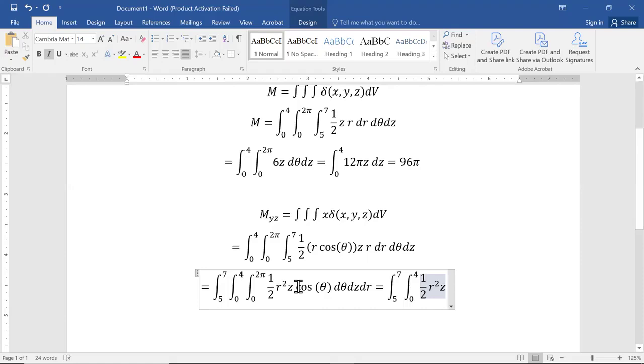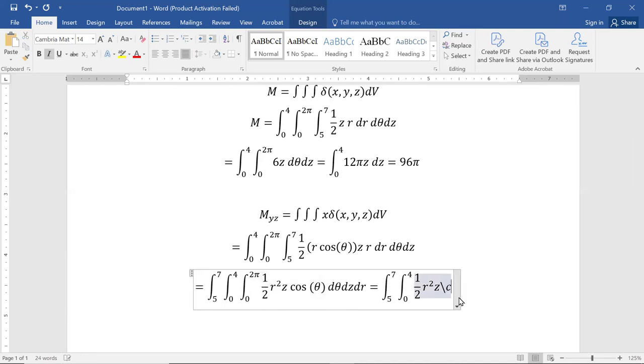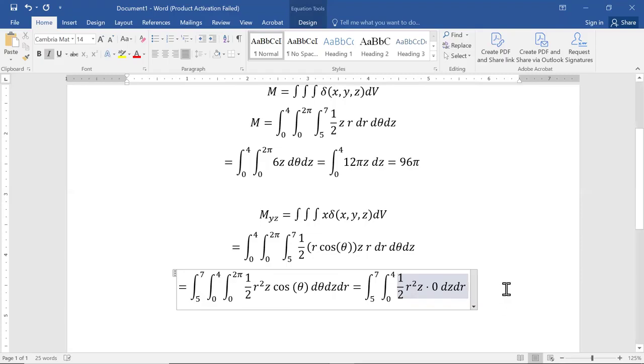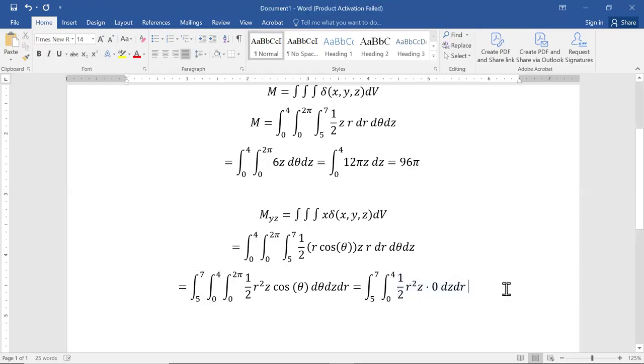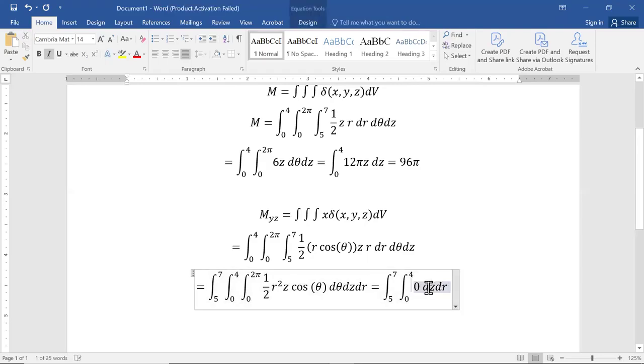And if I integrate cosine of theta with respect to theta from 0 to 2 pi, it turns out I get a 0. So everything inside there turns into a 0. This times 0 is just 0. Then when you integrate 0 from 0 to 4, you get 0, and integrate 0 from 5 to 7, you get 0.